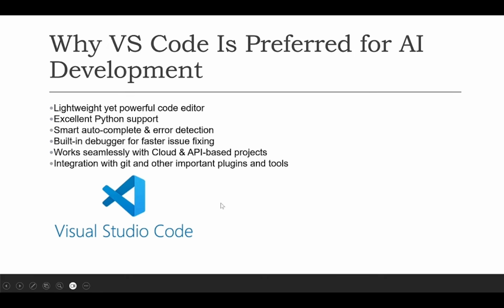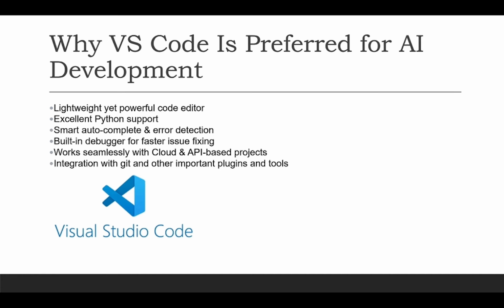This is my favorite IDE because we get multiple important features in Visual Studio Code. It is a very lightweight and yet powerful code editor, and we get very excellent support for Python. We have a feature called smart autocomplete and error detection, which is very useful. So you don't need to remember the syntax. As you start typing any command, it will suggest or auto correct your code.